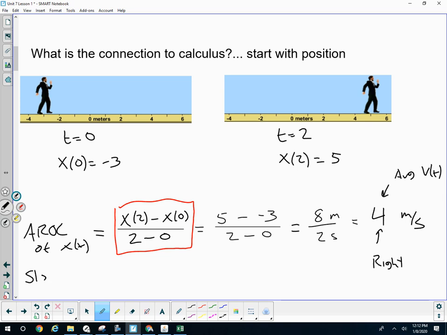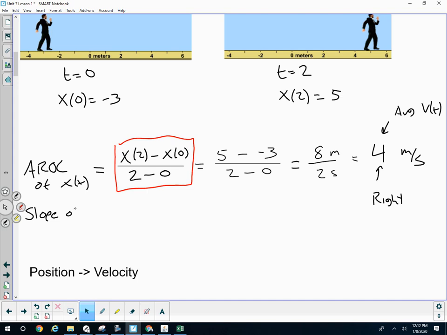The slope of f of x gave me an average v. Okay, probably want to flip-flop these.